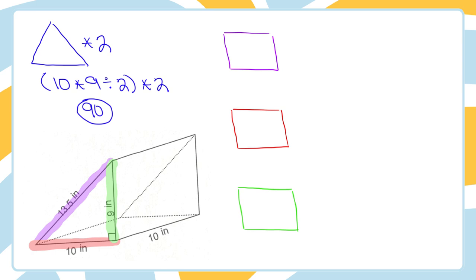Olivia just said each of these is going to have the 10 inches that is not on the triangle. So each rectangle I have is going to have a height of 10. And then each rectangle gets one side of the triangle.